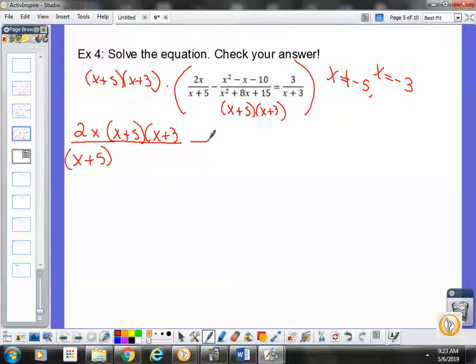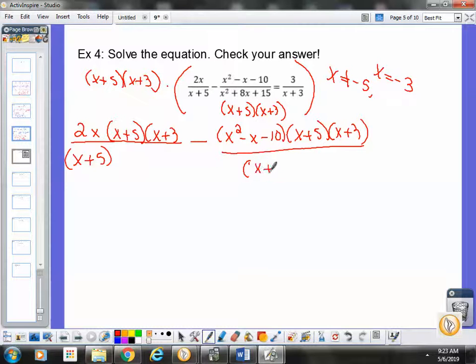Aren't the x plus 5s and the x plus 3s going to cancel out anyway? So I don't think factoring will help any, so I'm just going to leave it. And the denominator, I'm going to leave in factored form as x plus 5, x plus 3.